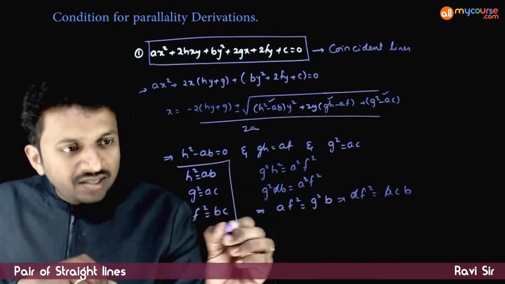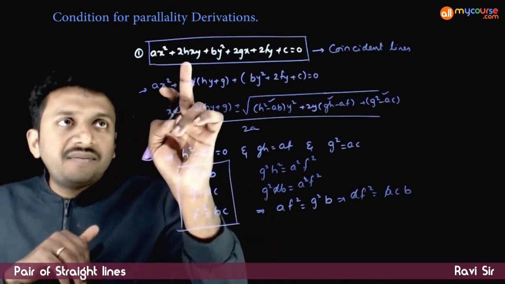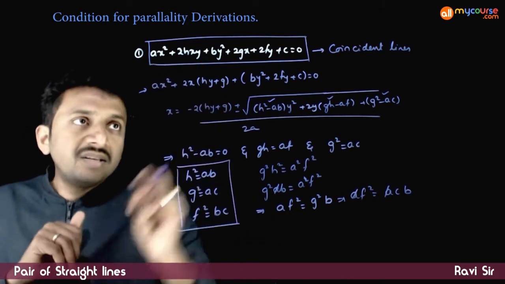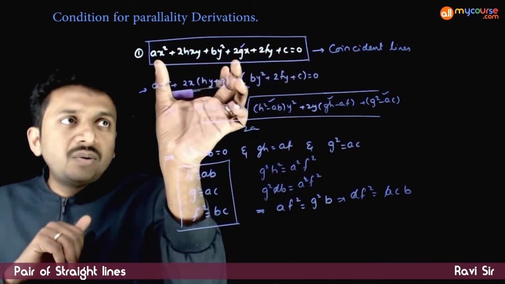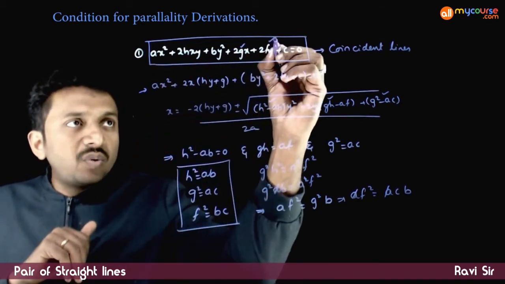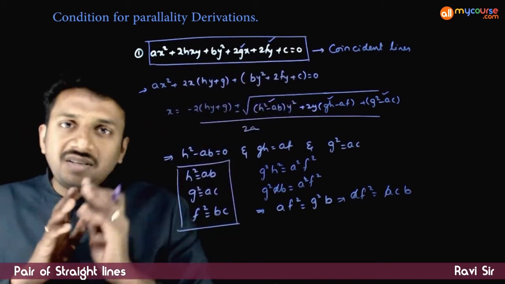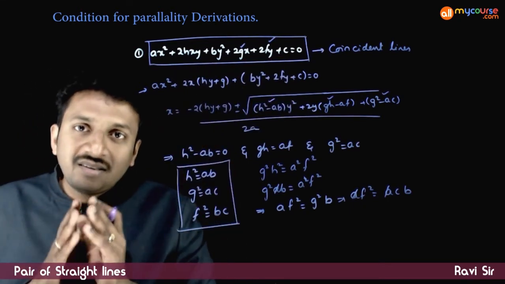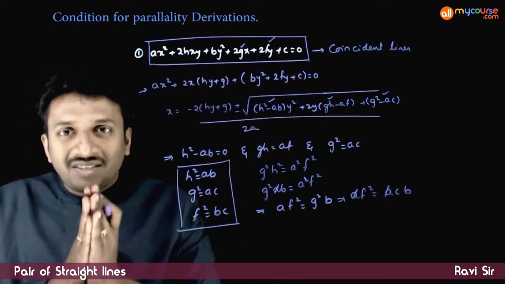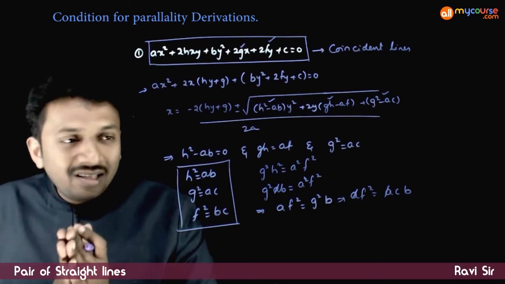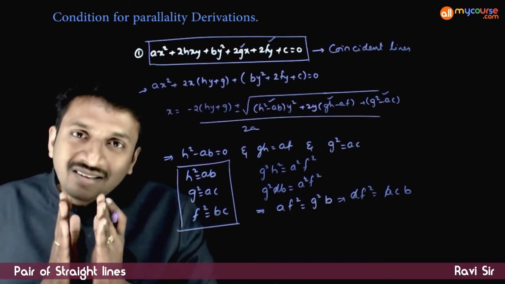So if h square is equal to ab, g square is equal to ac and f square is equal to bc, then the lines are coincident. They are not just parallel, they are exactly the same equations.